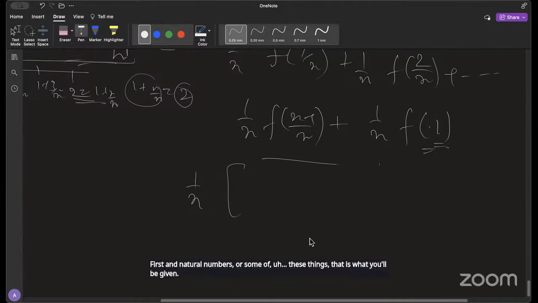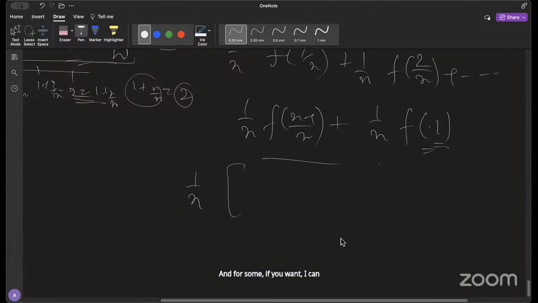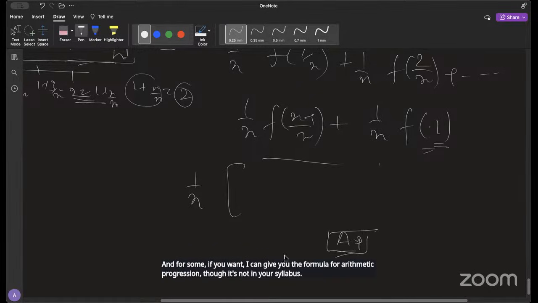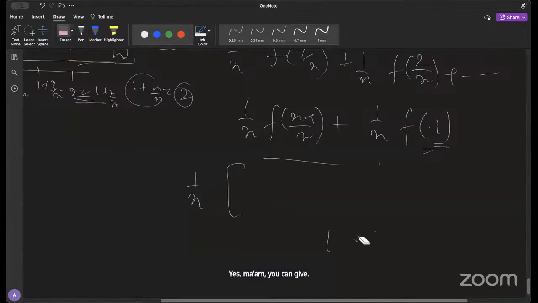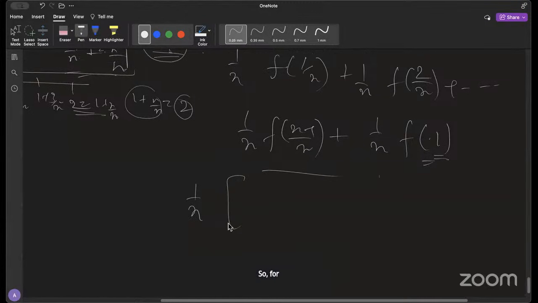And if you want, I can give you the formula for arithmetic progression, though it's not in your syllabus, but it helps. Yes, ma'am, you can give. So for an arithmetic progression, let's say you've been given a, and then a plus d, a plus 2d, a plus 3d.